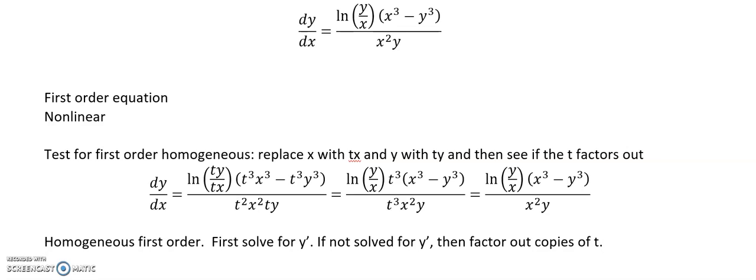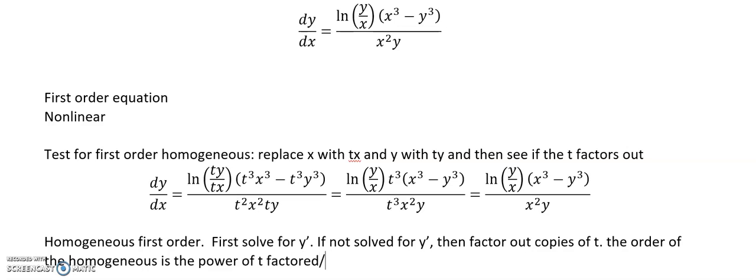The factor of t that you end up canceling, in this case t cubed, or the factor that you end up factoring out of an M dx and N dy equation, the order of the homogeneous equation, this is a different kind of order, is the power of t factored or canceled. So this would be a third order homogeneous equation.